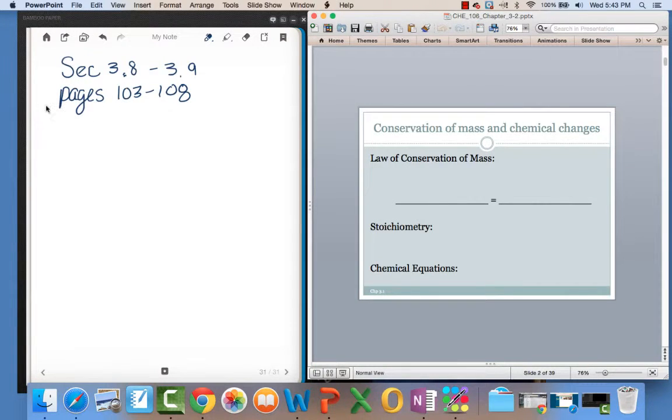It states that matter is neither created nor destroyed, but rearranged.